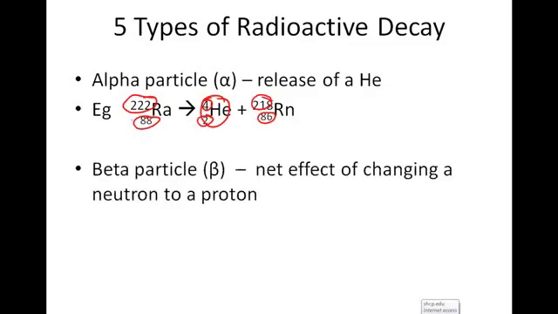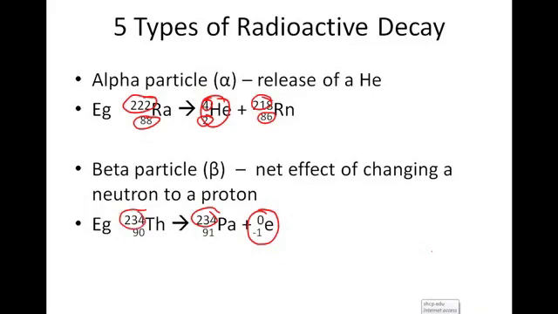The next one is called a beta particle, and its net effect is changing a neutron into a proton. Here's an example. Here's my beta particle, and notice that the mass number stays the same.